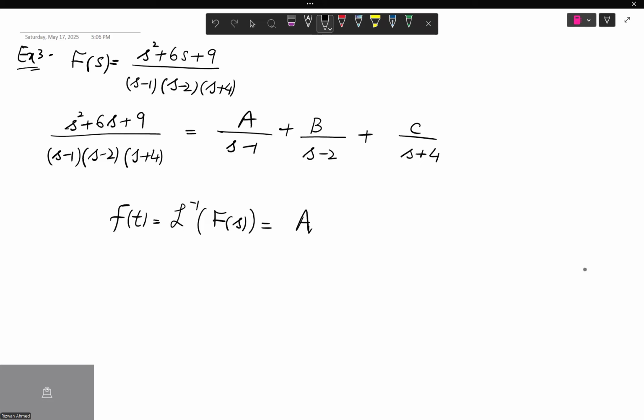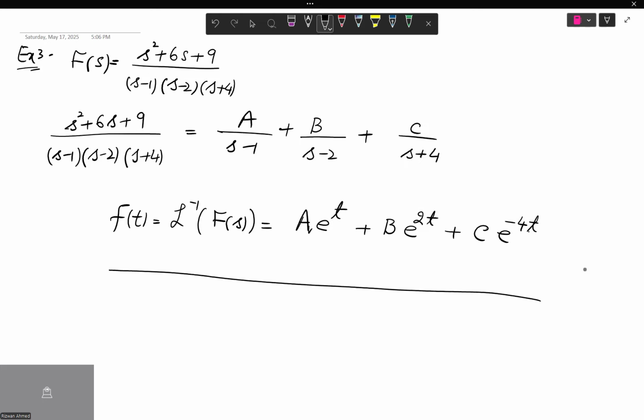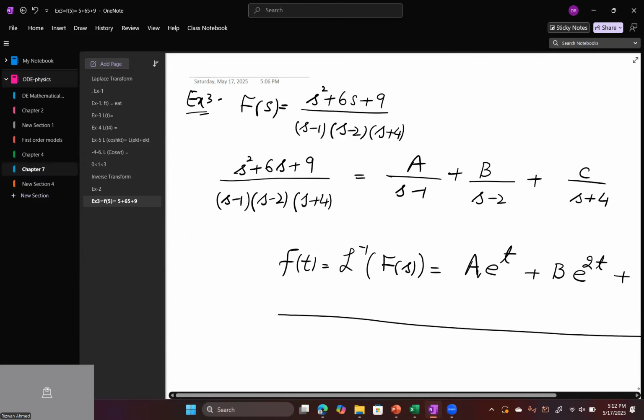So without calculating A, B, C values, I can write it is e raised to the power t plus B times e raised to the power 2t and plus C times e raised to the power minus 4t. I hope the process for calculating the partial fraction is known to the students. So that is left as an assignment.